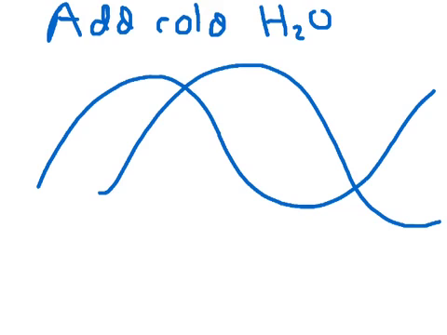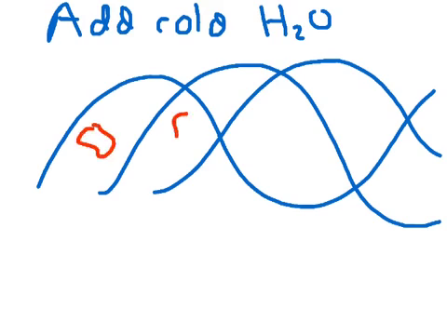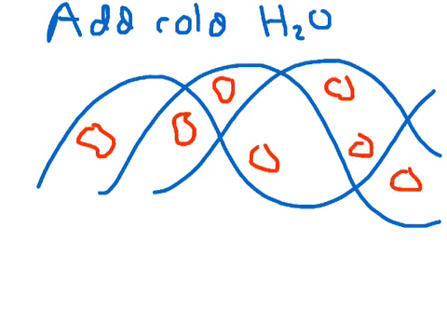Let's say the red are particles of flavoring, sugars and other kinds of things. And let's say now that the light blue is going to be water, for example.